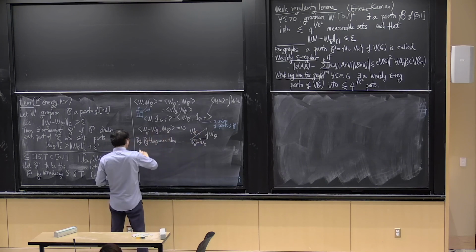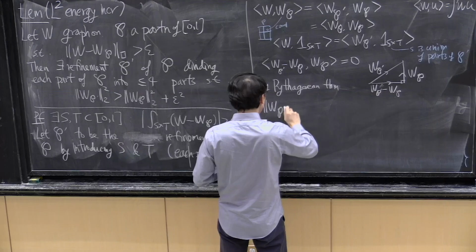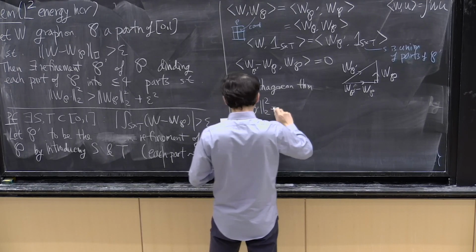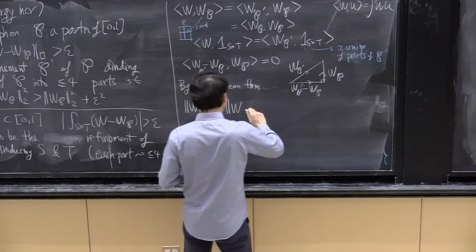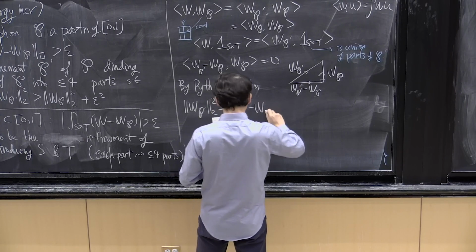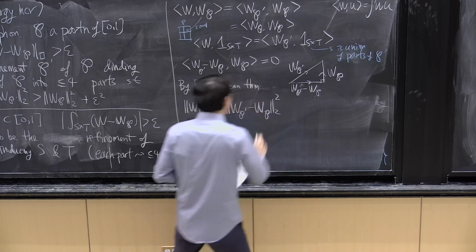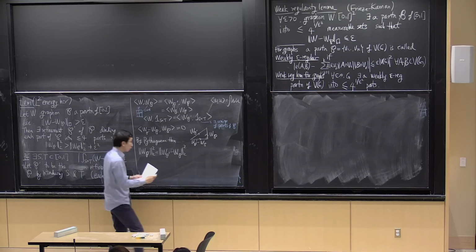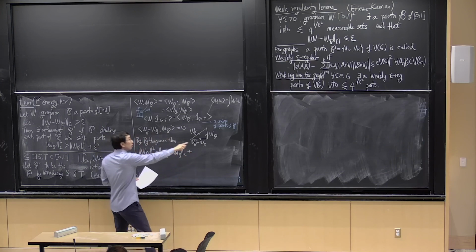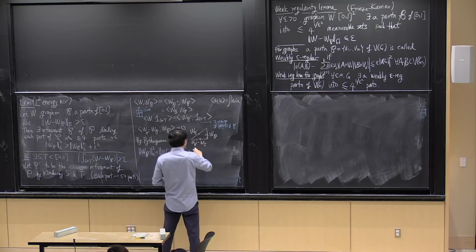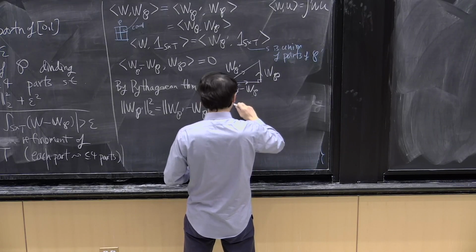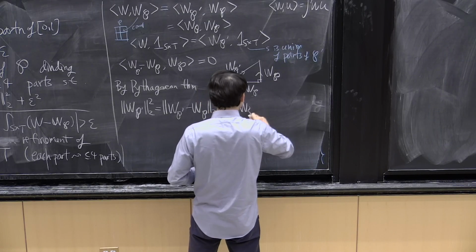So by the Pythagorean theorem, we find that the L2 norm of WP prime equals the sum of the L2 norm squares of the two legs of this right triangle.